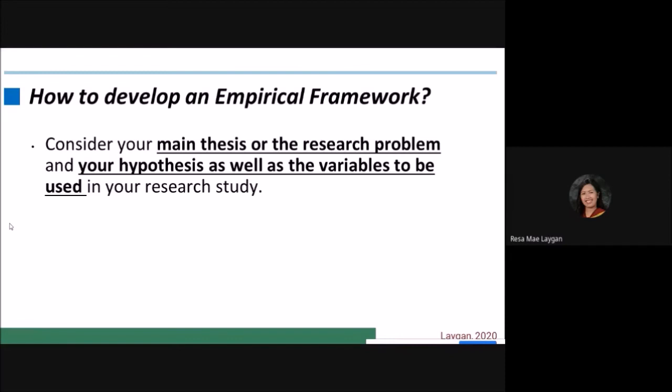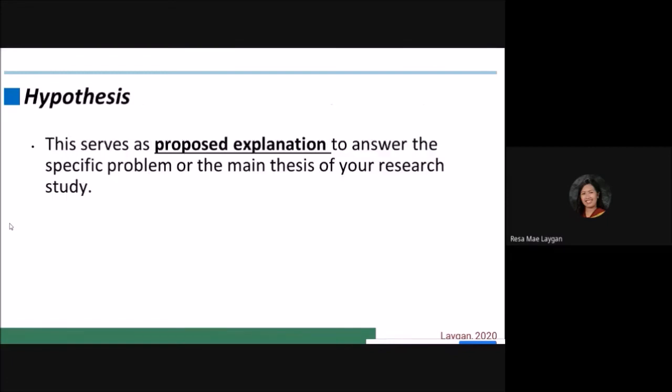You have to consider all of this. And what is a hypothesis? Your hypothesis serves as the proposed explanation to answer the specific problem or the main thesis of your research study.